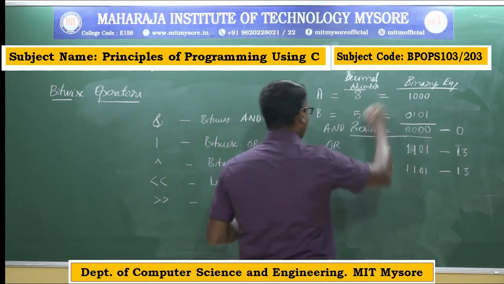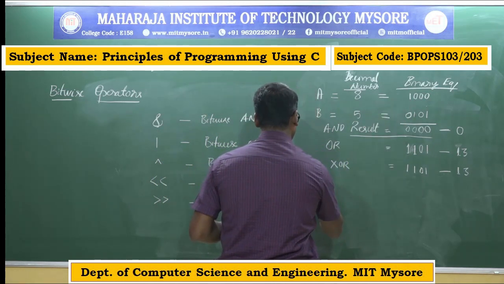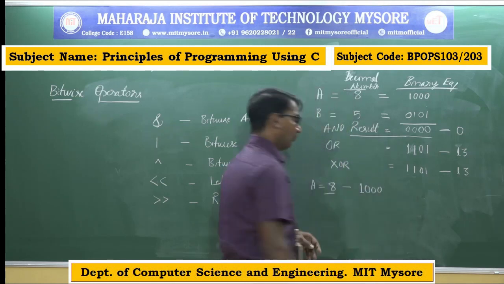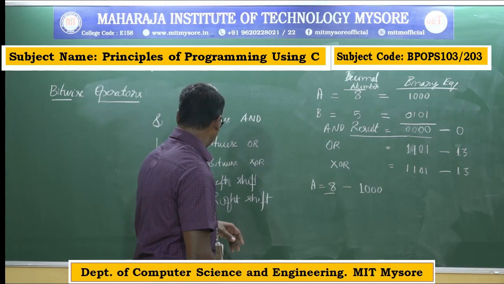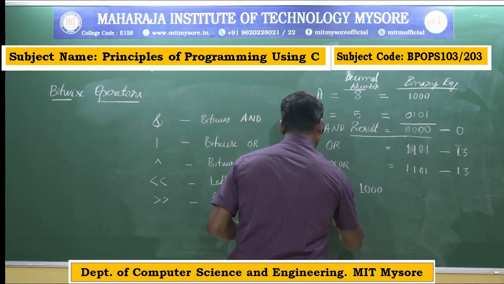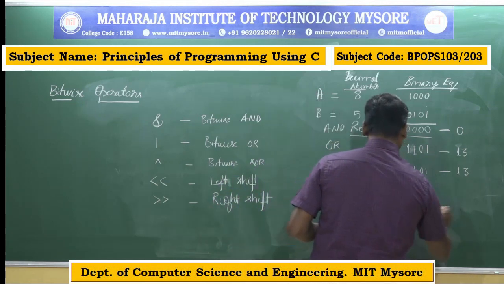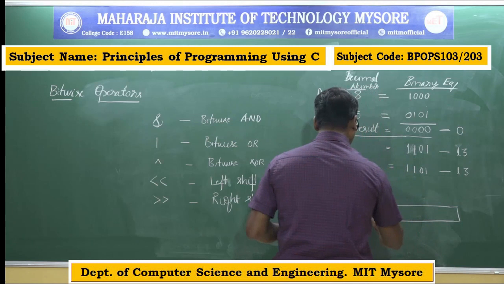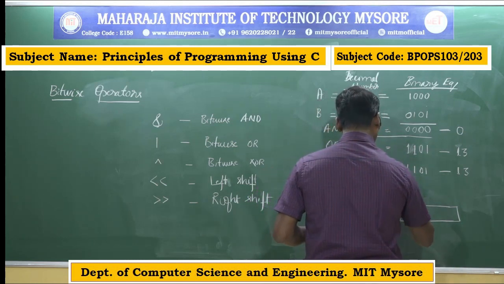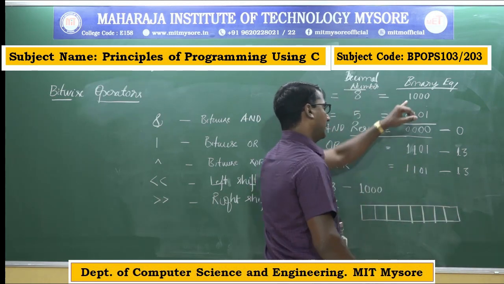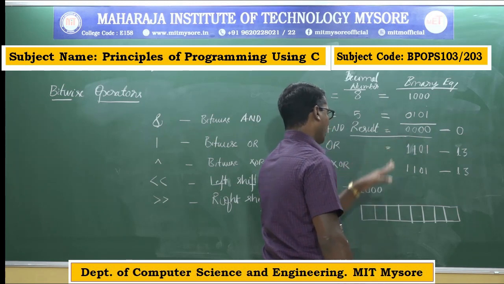Now I'll consider the same example, that is A is equal to 8. The binary equivalent is 1 0 0 0. Now I'll consider the left shift operator. Here in this example I represented only 4 bits.